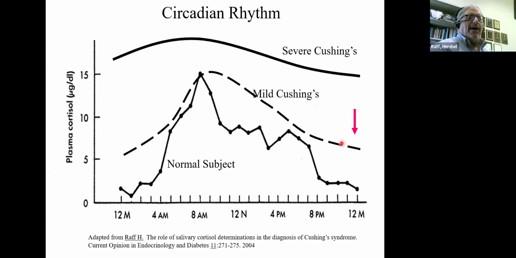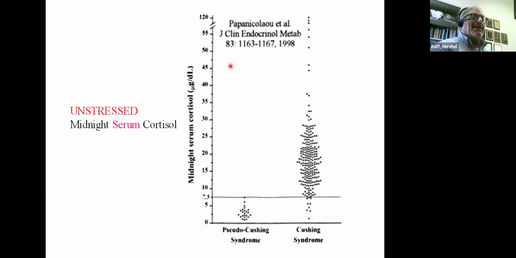So how do we know that? We know that because, again, Lynette Neiman's group at the NIH did a massive study where they had surgically proven patients with endogenous Cushing syndrome. And don't worry about what pseudo-Cushing is. We're trying to get away from that term. It's kind of a meaningless term. But patients with maybe physiological hypercortisolism or just look like they have Cushing's are over here.